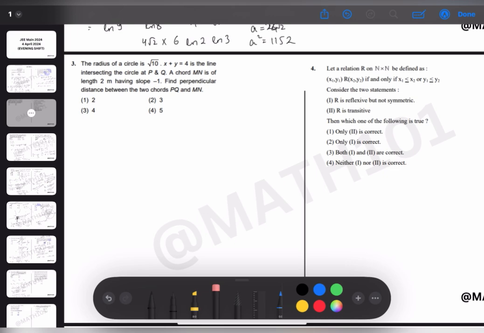Let's move to question 3, and this question here is incomplete.